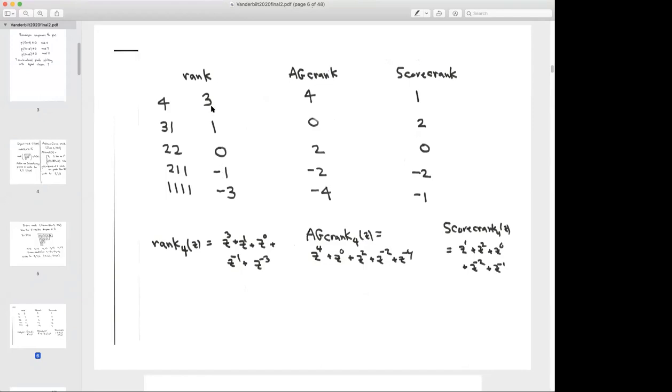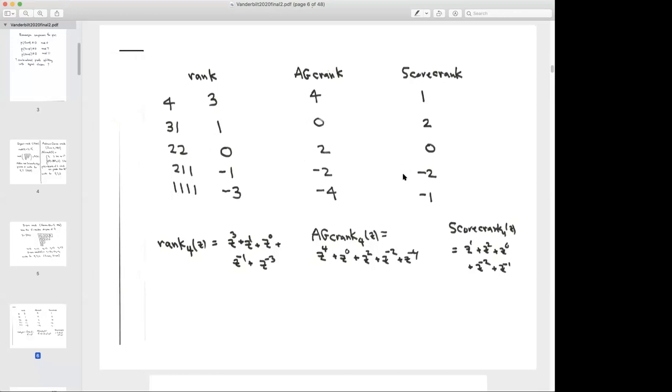Notice these rank numbers, when I reduce modulo 5, I get 0, 1, 2, 3, and 4. Every number modulo 5 shows up. Same thing over here, 0, 1, 2, 1, 2, 3, and 4. And the 5-core crank also.